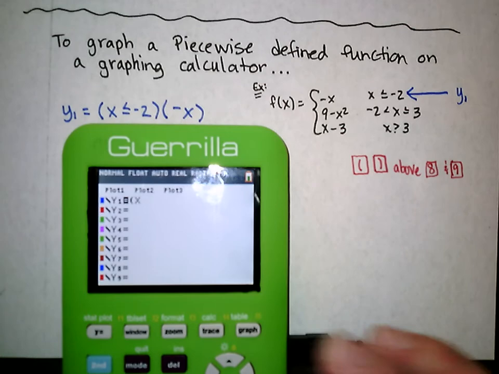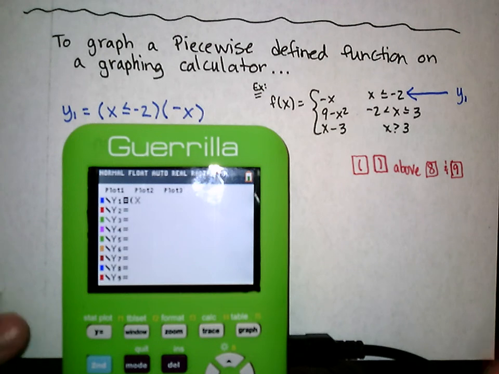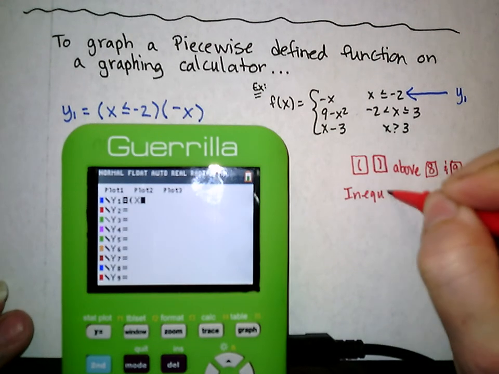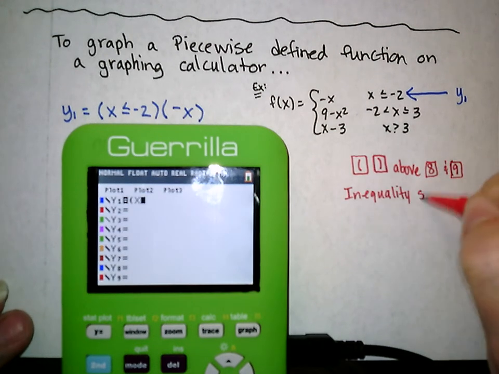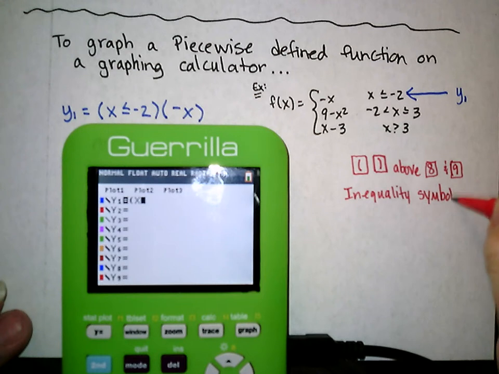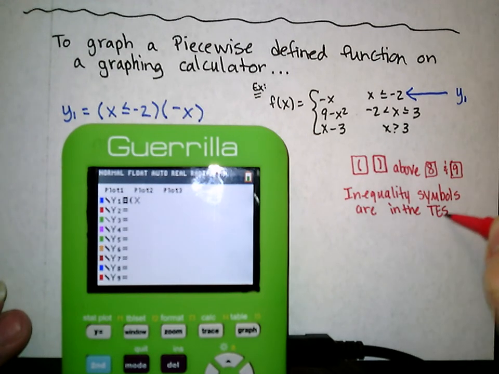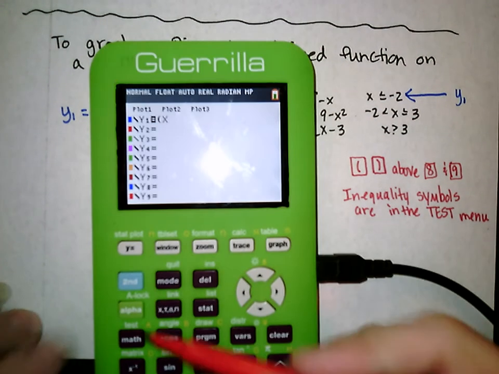So x is the regular x, and then less than or equal to, so the inequality symbols are in the test menu. And to get to the test menu, it's right here.